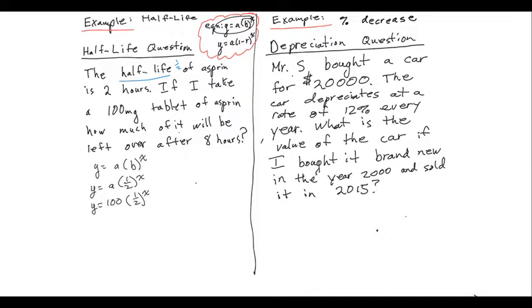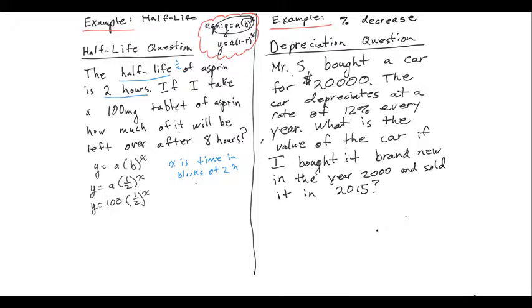Now, it says this happens every 8 hours. Now, let's go and define what x and y are so we know what each of these things are. So if you think about it, x is time in blocks of 2 hours. It says the half-life is 2 hours.